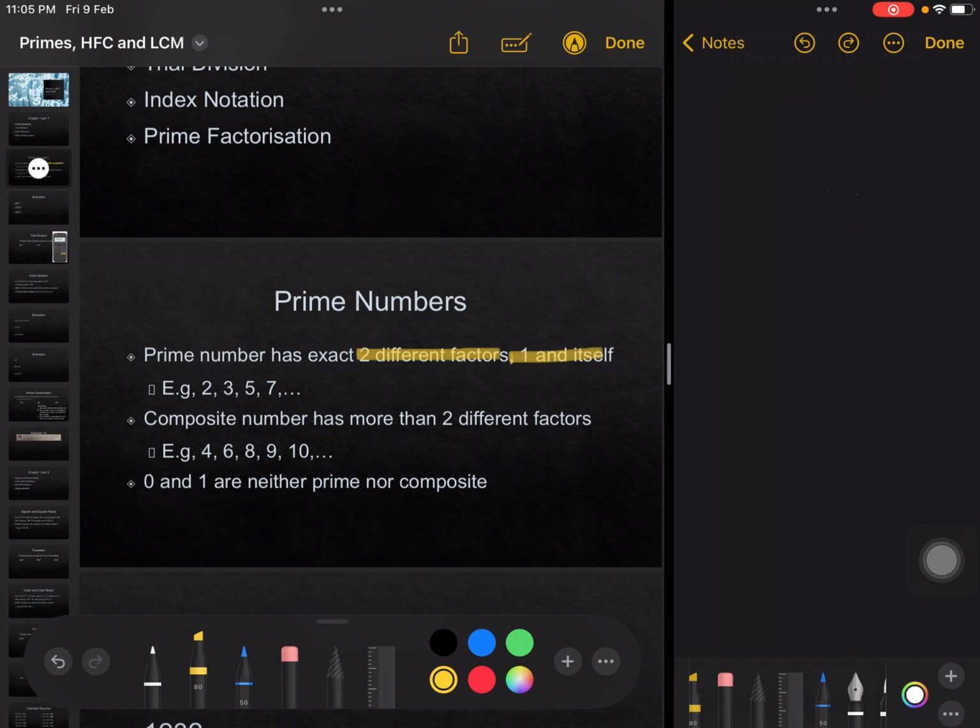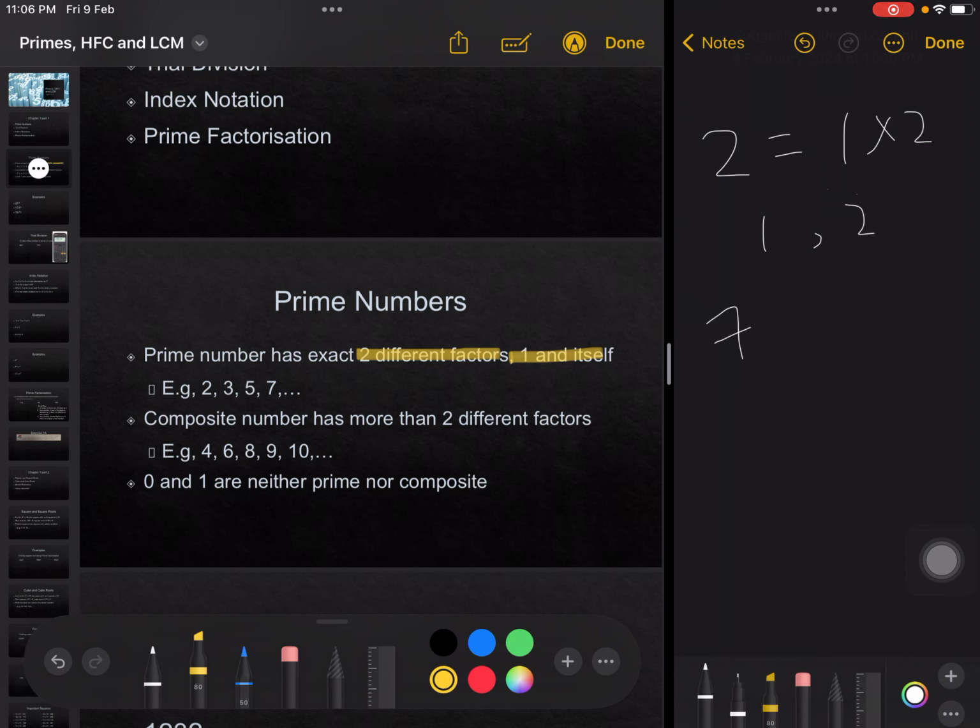Let's say for example we have the number 2. 2 equals 1 times 2, correct? So the factors will be 1 and 2. Let's say for example 7. 7 equals 1 times 7 only. So the factors will be 1 and 7. So these two numbers, 2 and 7, are prime numbers.